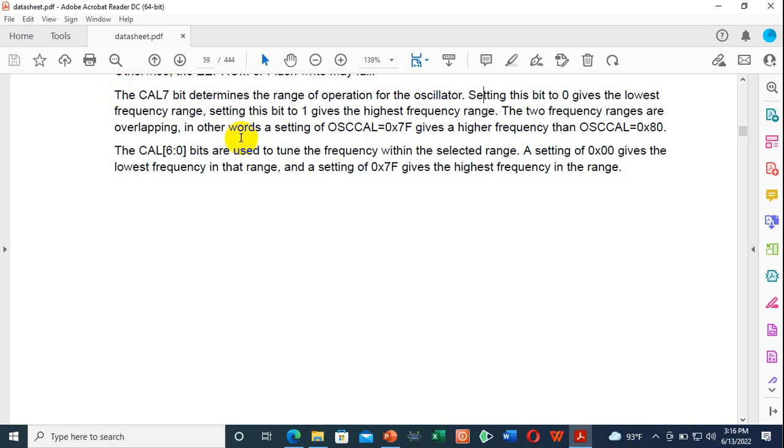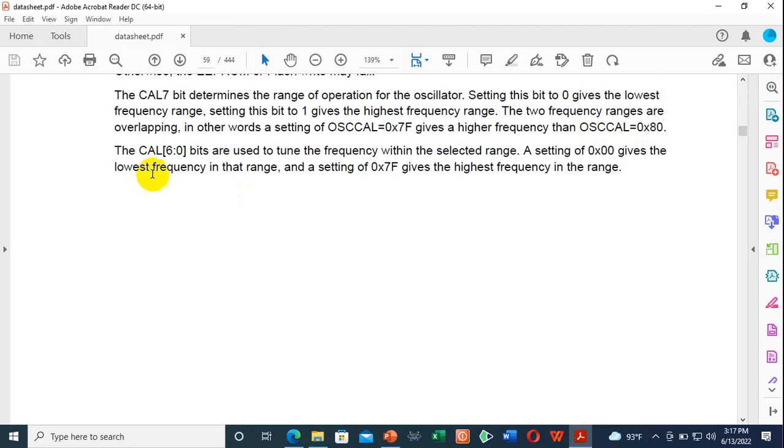In other words, a setting of oscillator calibration 0x7f, that means all ones, gives a higher frequency than oscillator calibration 0x80. Okay, that means if you give all the value 1, 7f, okay, it gives a higher frequency; this setting will give you a higher frequency than this setting.